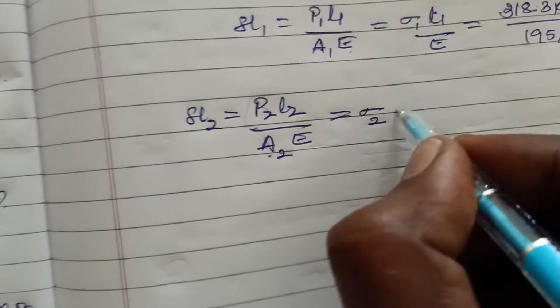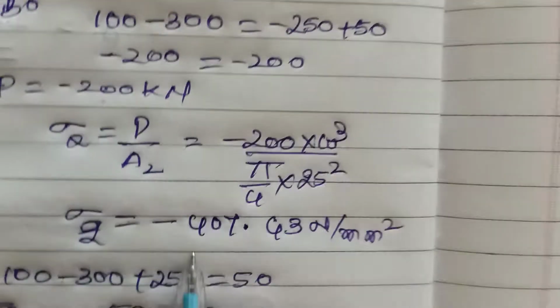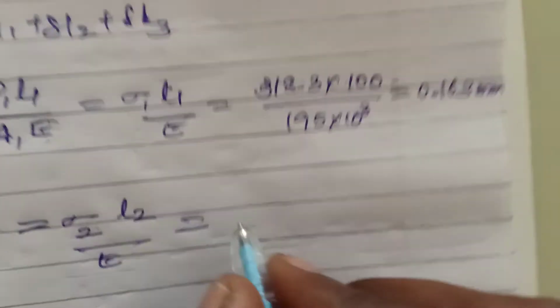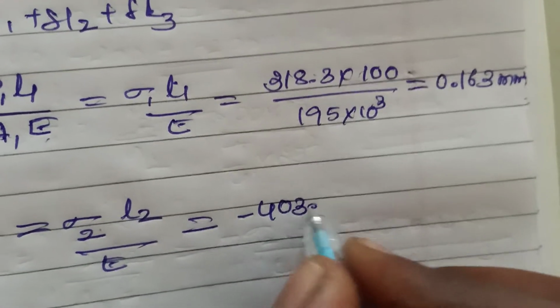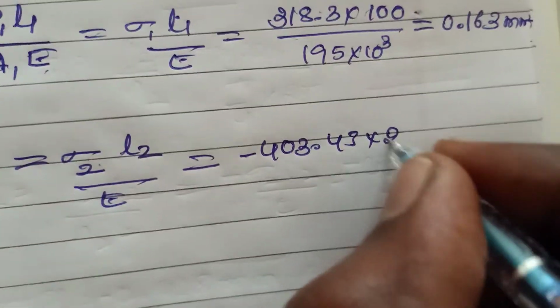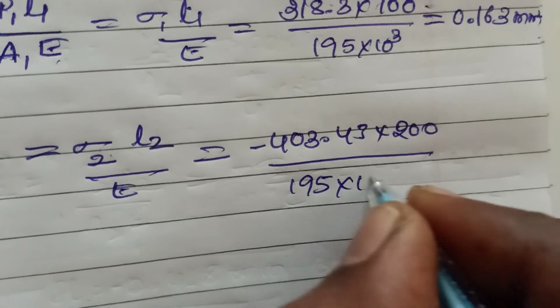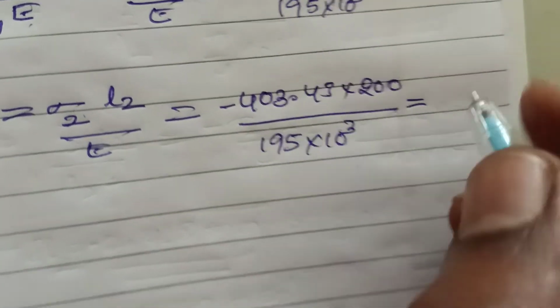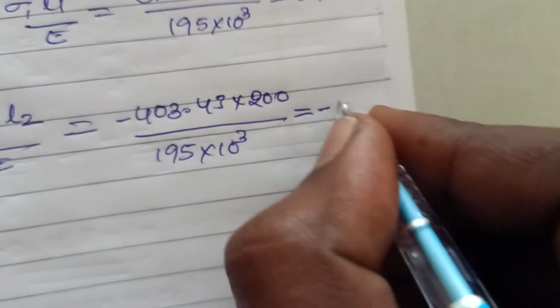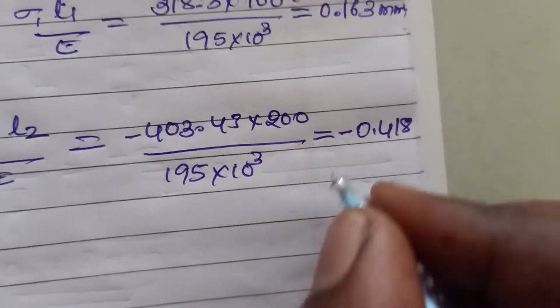Just write sigma 2 L2 divided by E. The value of sigma 2 is minus 407.43 Newton per mm square, into length of section 2, which is 200, divided by Young's modulus, 195 into 10 raised to 3. So calculate this, and you are going to get minus 0.418 mm.